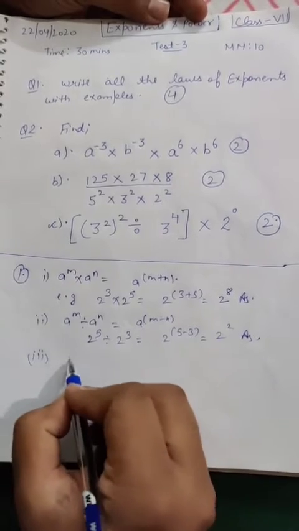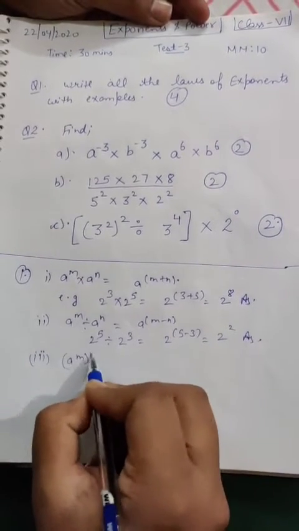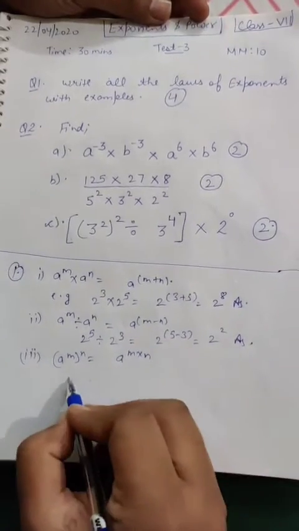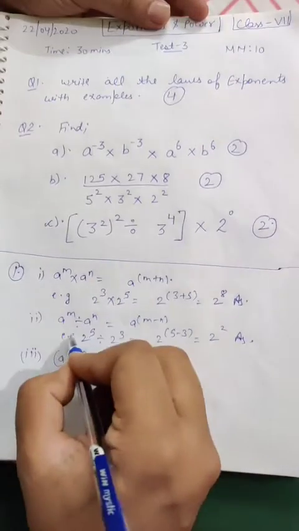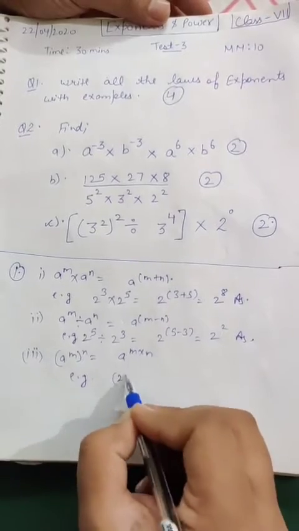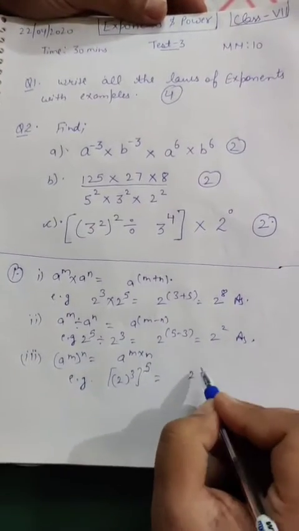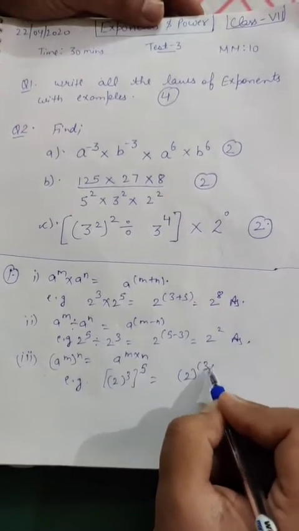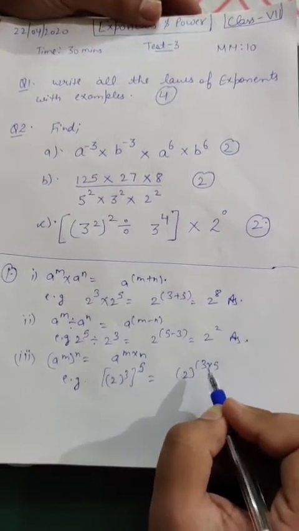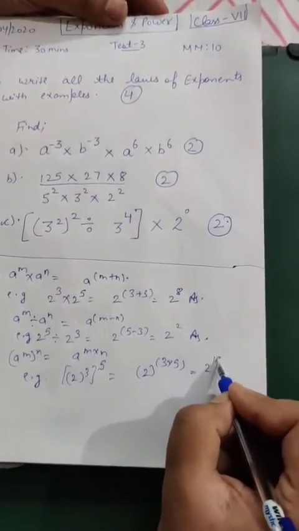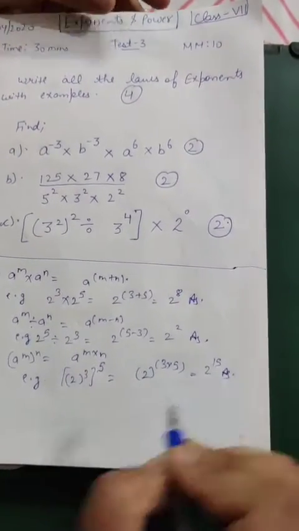Third law, a raised to the power m whole power n is equal to a raised to the power m multiplied by n. And the example for this, 2 raised to the power 3 whole power 5. So 2 raised to the power 3 multiplied by 5, that is 2 raised to the power 15 is the answer.